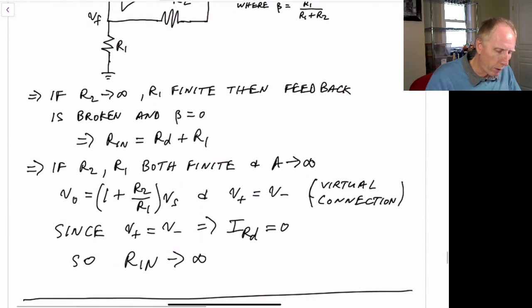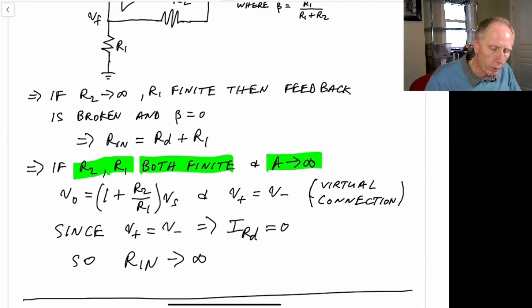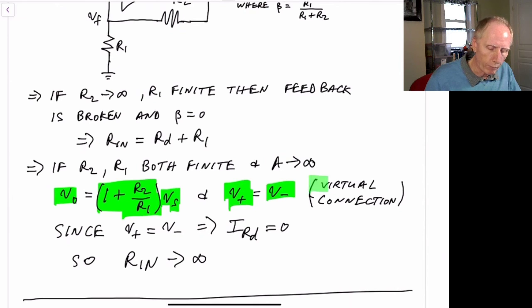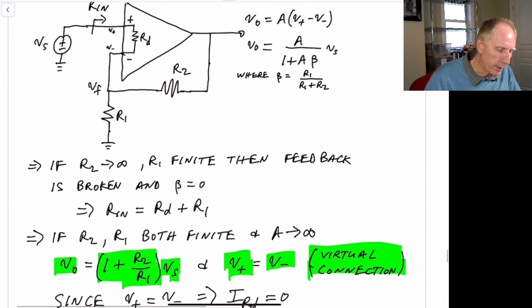Now if R2 and R1 are both finite, we'll let A go to infinity. So we'll look at the case where A becomes very, very large. Then the output is equal to 1 plus R2 over R1, which we found from before, times Vs. We also find that V plus becomes equal to V minus, so we have a virtual connection. If you recall, we discussed how as the gain A goes to infinity, these two voltages become equal to each other.